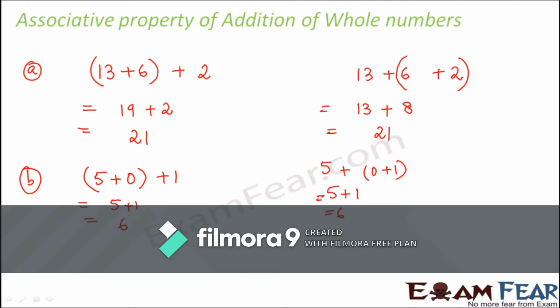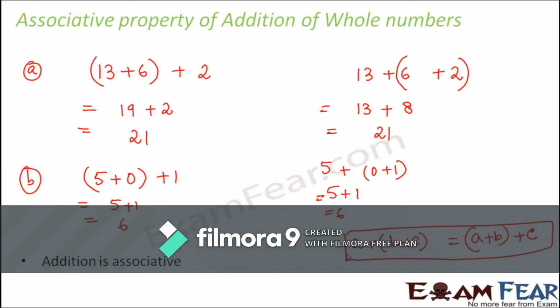So therefore, what do we conclude? We conclude that if we have three whole numbers A, B, C, then (A + B) + C is equal to A + (B + C). So this is what we have concluded. The conclusion is addition is associative.